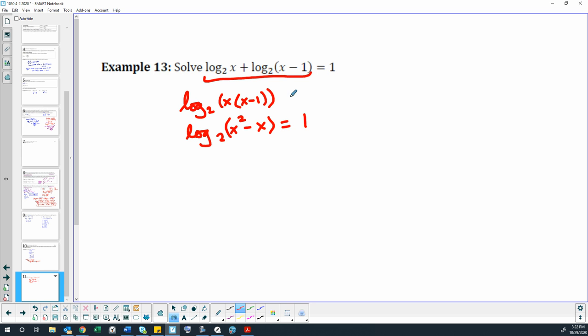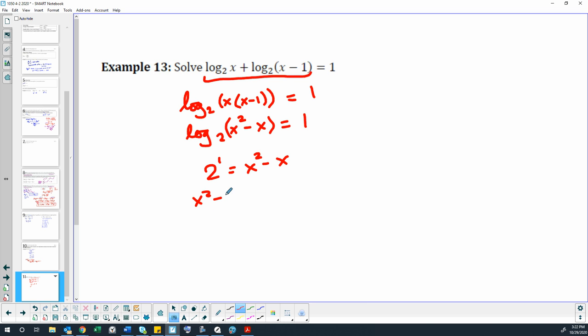Now, of course, this still all equals 1. Well, we have a single logarithm here equal to a value, and that value is the exponent, right? The base is 2. So all we need to do is rewrite this as an exponential: 2 to the first power, base 2, exponent 1, equals x squared minus x. We have a quadratic to solve.